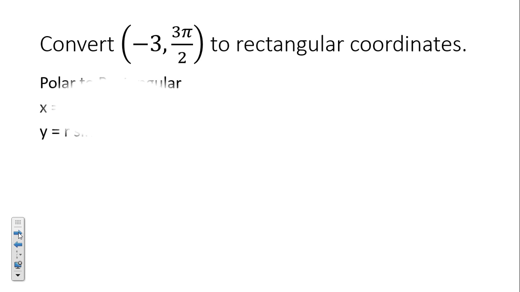I want you to convert -3 pi over 2 to rectangular. You could graph it if you wanted to. Not a bad idea. So if we sketch this real quick, we're going to go 3 pi over 2.